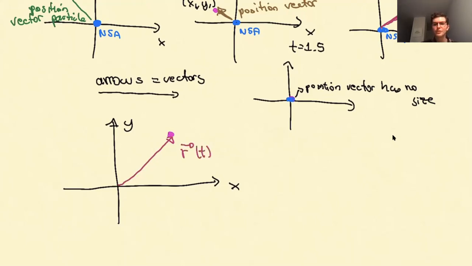This notation you don't need to worry too much about for now. I'm just saying that this is the usual name that people give to these arrows. So this is called the position vector, the position of the particle at time t. Usually you draw an arrow on top of the letter r to remind you that this name is associated to a specific arrow.